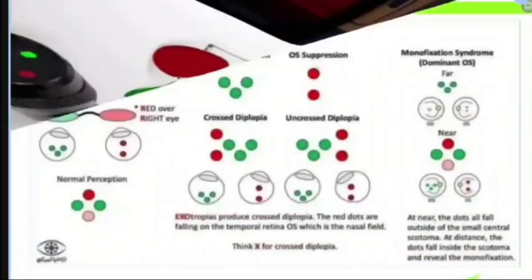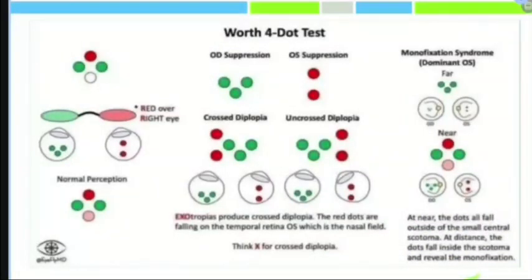So how can we interpret it? As I've already said, the red color filter will always be on your right side. Whenever you're seeing through the red color filter, you'll see 2 red dots, and whenever you're seeing through the green color filter, you'll see 3 green dots, and they will be fused together.